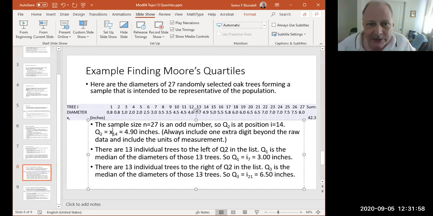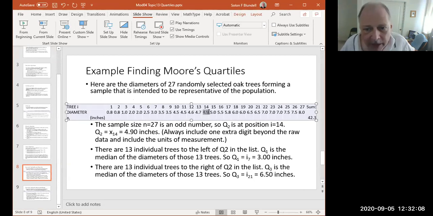You see, i is the tree number 14. X14 is the 4.9 inches, that's the diameter of tree 14. The X with a subscript on it here is the diameter, and that's the quartile, 4.90 inches. You include one extra digit beyond the raw data, and you include the units of measurement.